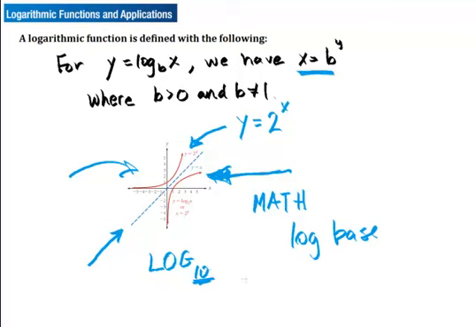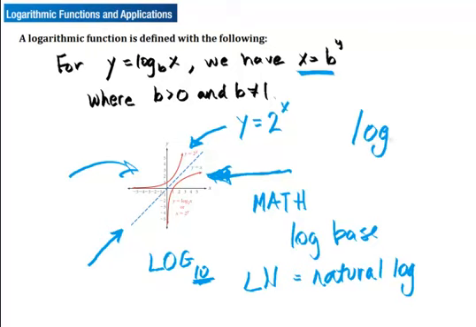You'll also see on your calculator an LN, and that represents natural log. A natural log is one that occurs naturally, of course. And it is another way to write log base e of x.